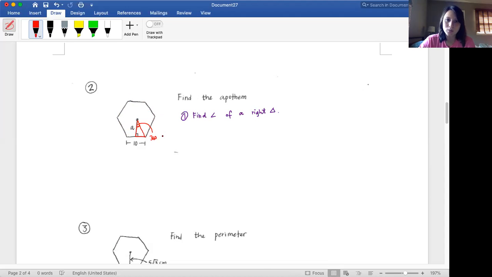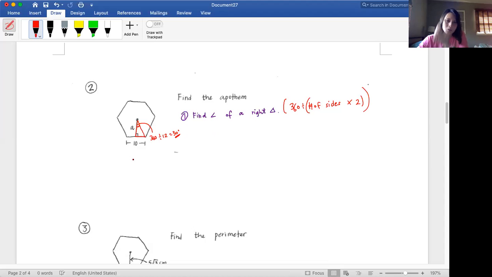So if there's 6 sides, we divide by 12. 360 divided by 12 is 30 degrees. So you could do 360 divided by the number of sides times 2, in parentheses. So that's 30 degrees here.